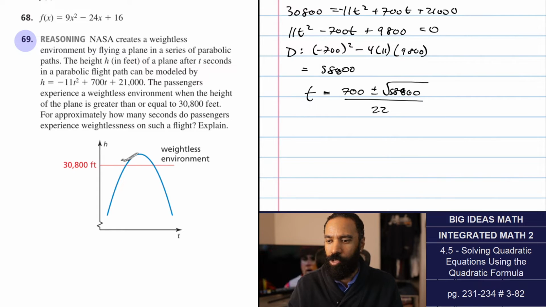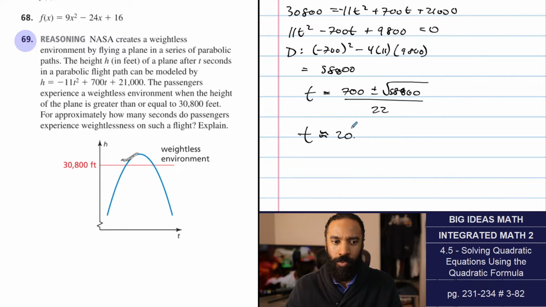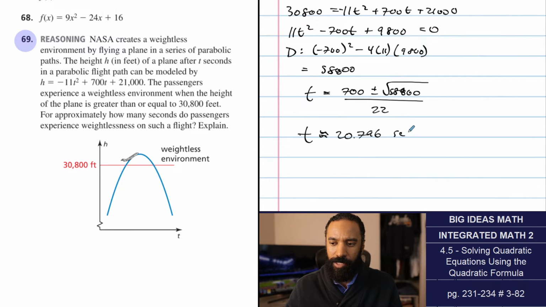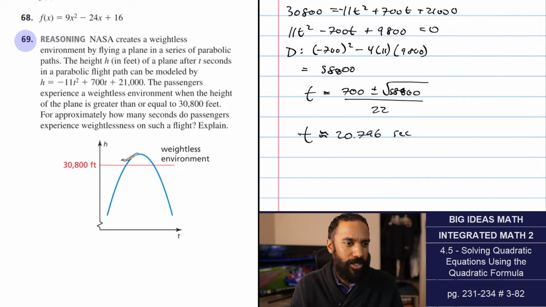So one of the values, the smaller of the times, is 20.796. I'm just going to give a few numbers. Seconds. These aren't the answers. We're going to find the difference between these times. And the other time is 42.840.